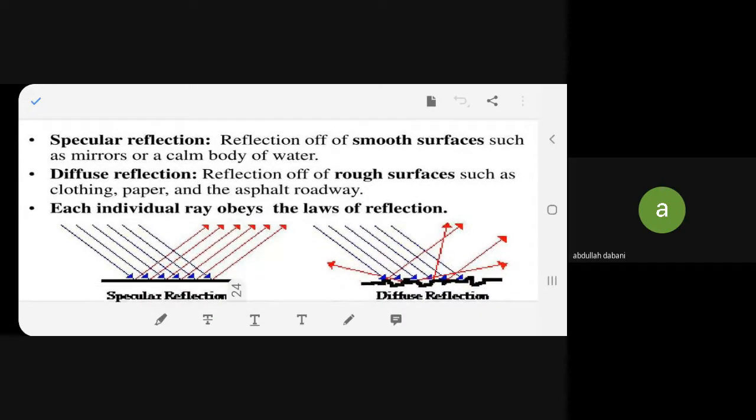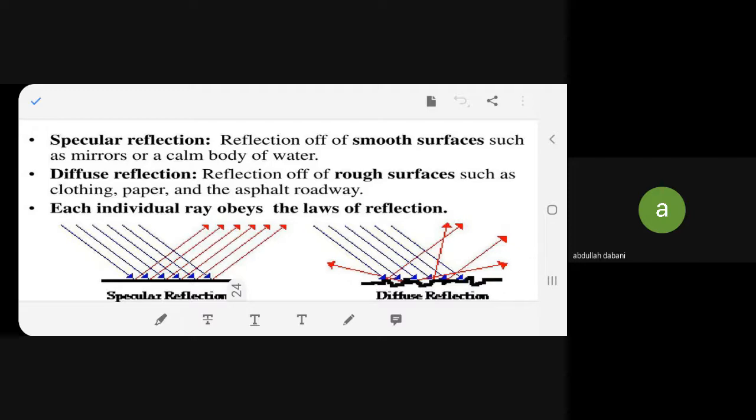Specular reflection: reflection of smooth surfaces such as mirrors or a calm body of water. Diffuse reflection: reflection of rough surfaces such as clothing, paper, and asphalt roadways.